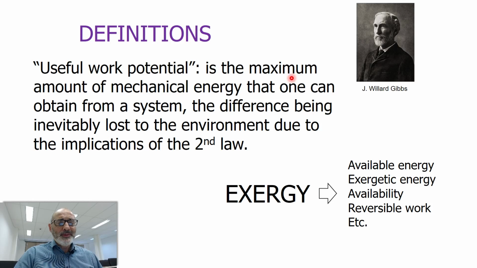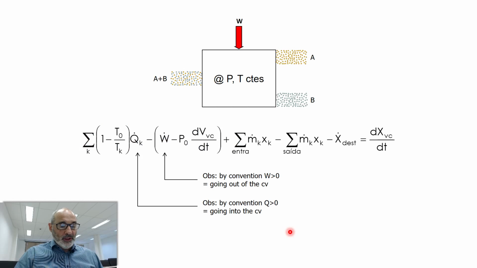We baptized that exergy, and I warned you that several authors call this differently: available energy, exergetic energy, availability, which is a very common term, especially in the United States, reversible work and so on. Well, the equation that we saw last week, we're going to apply today to this separation process.